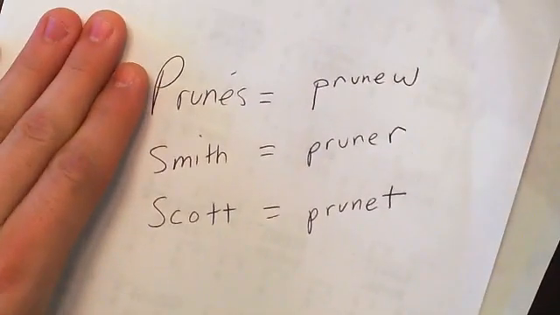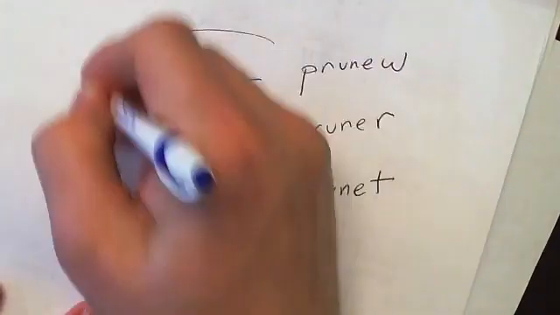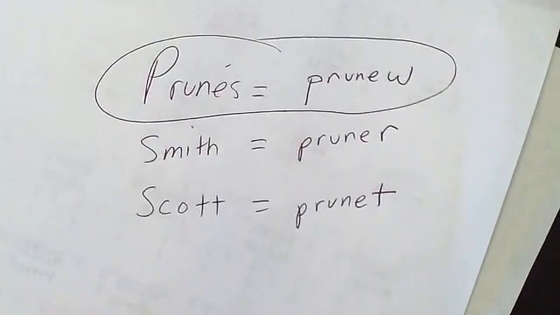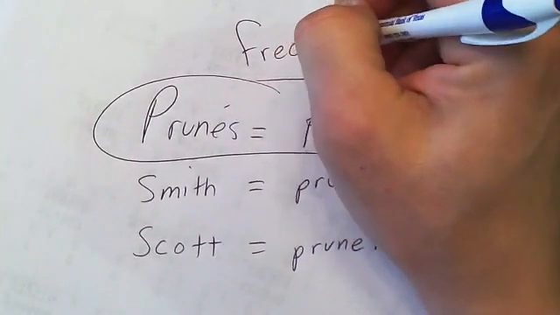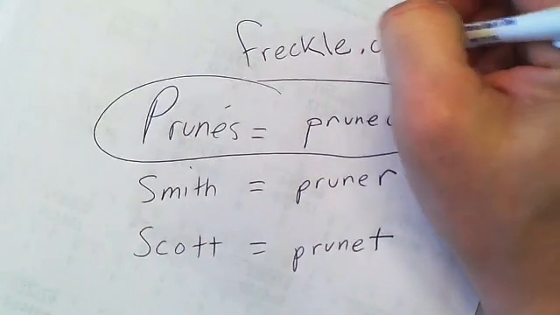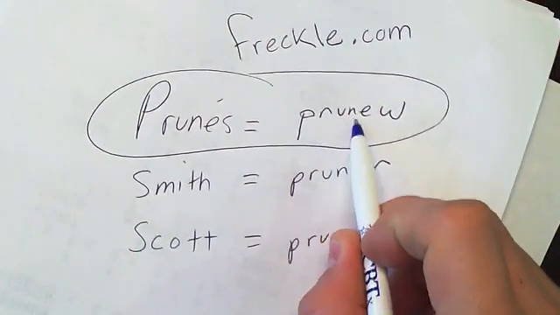So here are the codes. I'm sorry, my handwriting's ugly. This is for my homeroom, the class code, and this is for Freckle.com.